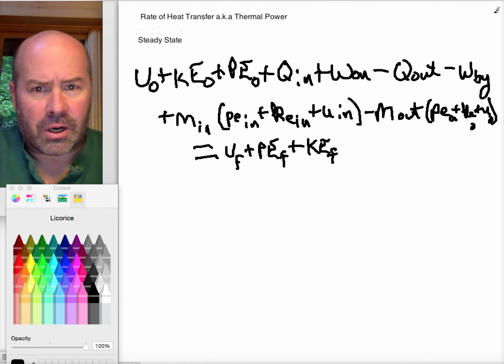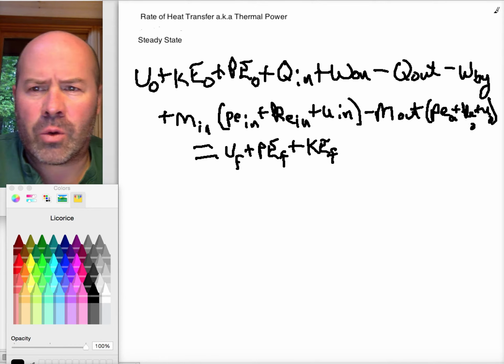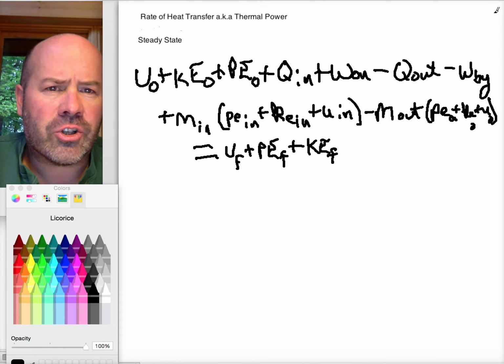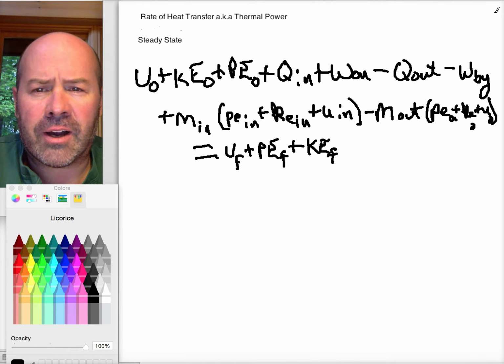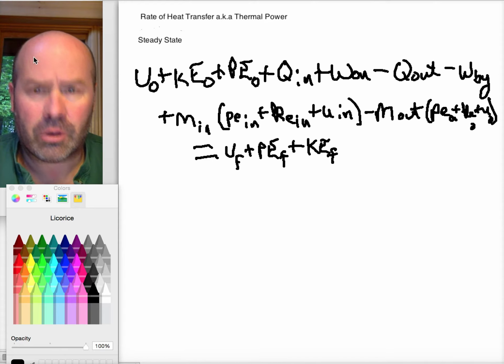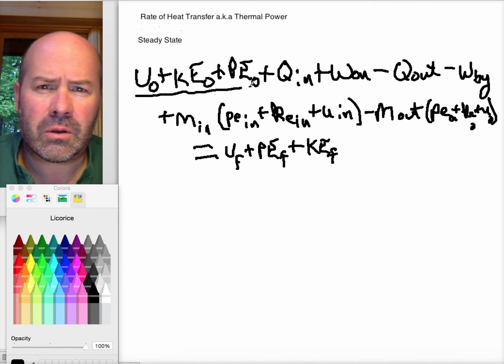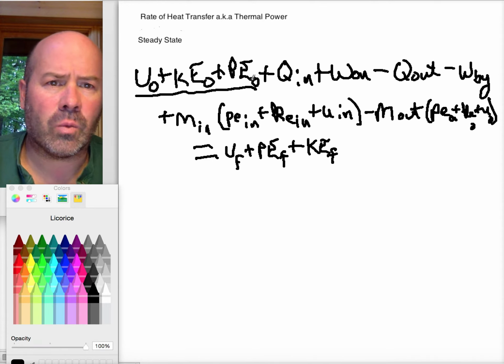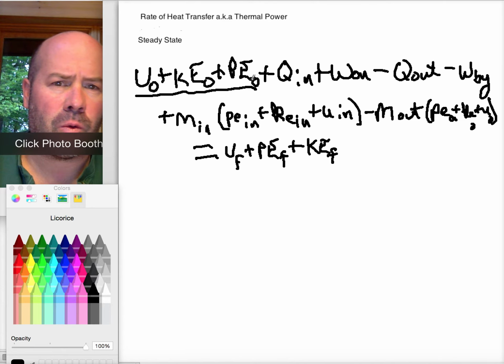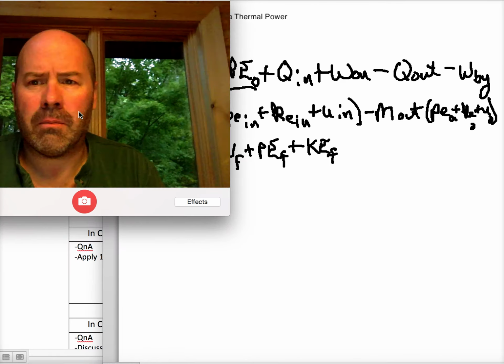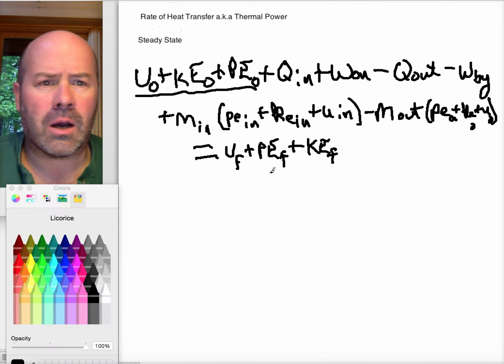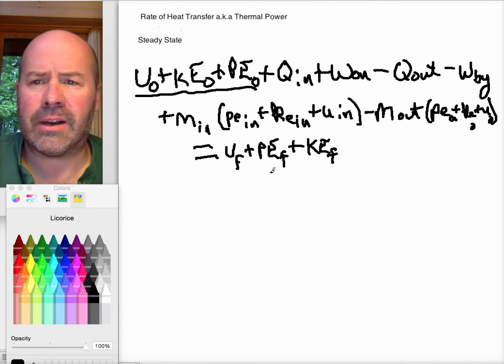All right, I hit pause and finished writing out the equation. I don't want you to write this down, but I want you to look at it, and then we're going to simplify it. So we've got the initial energies, and then heat in, work on, heat out, work by, mass in, mass out, and then we're left with the final energy.